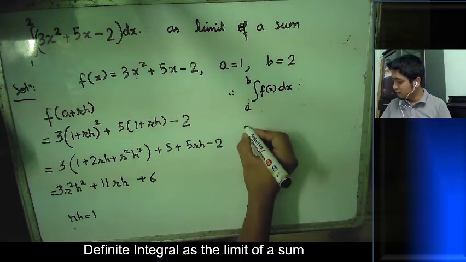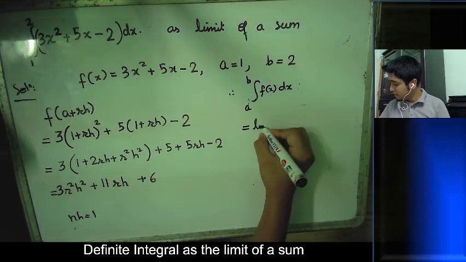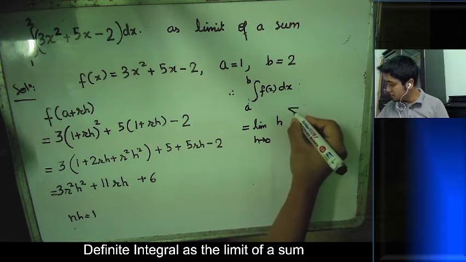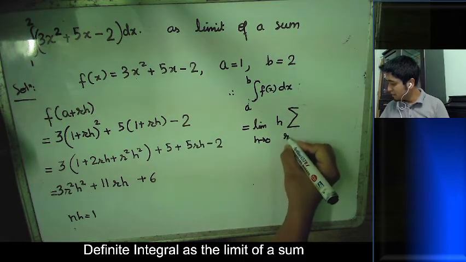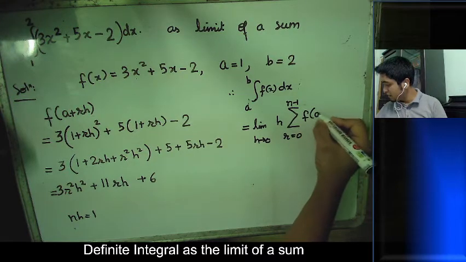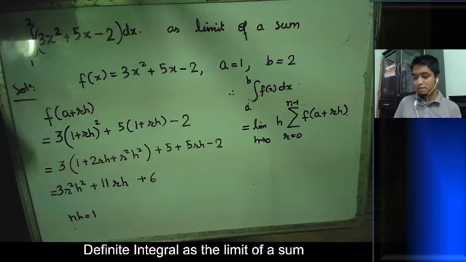Okay, it's equal to limit h tends to 0, and then you will be having h summation r equals 0 to n minus 1 f(a plus rh). Right?